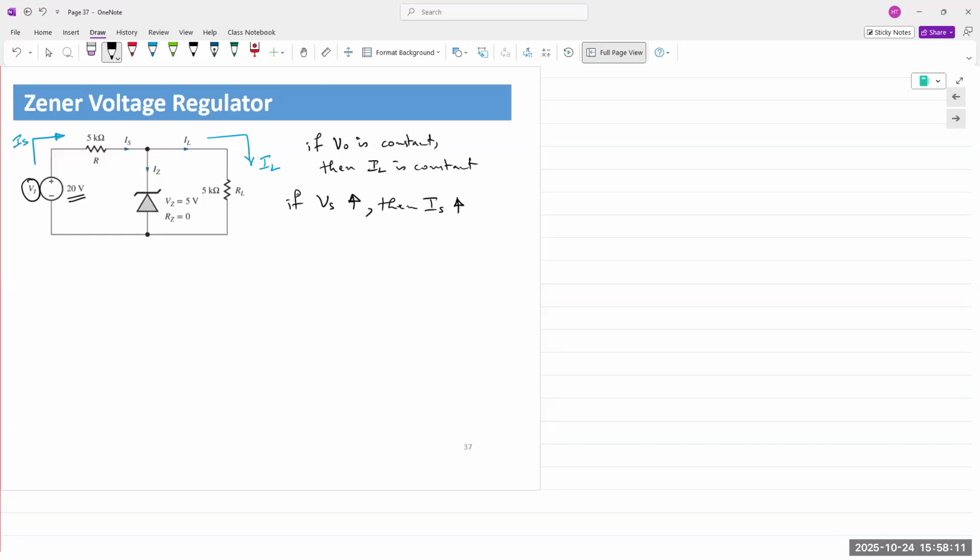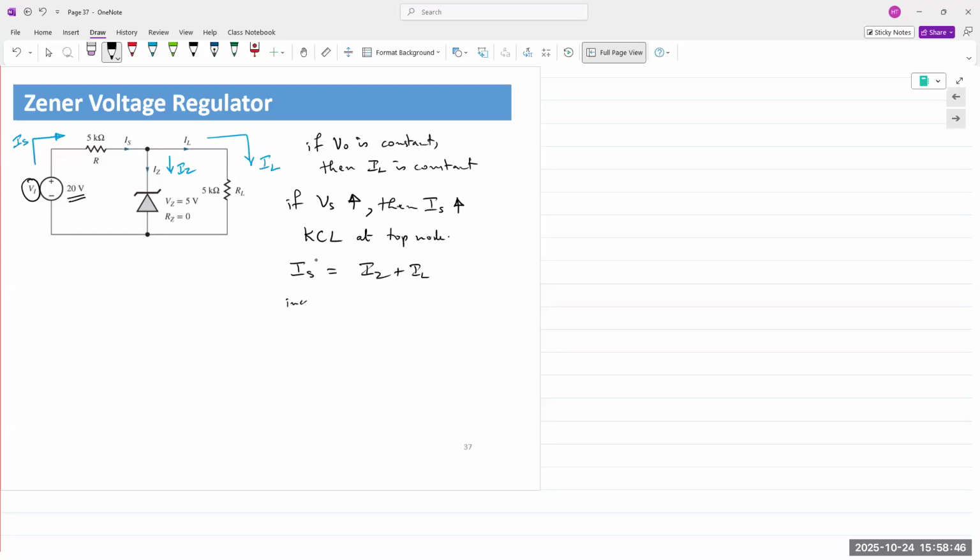Because the Zener diode can maintain the voltage across itself constant while sinking a large amount of current through itself. So if Is increases and we apply KCL at the top node, what do we have? We have Is equals Iz plus IL.